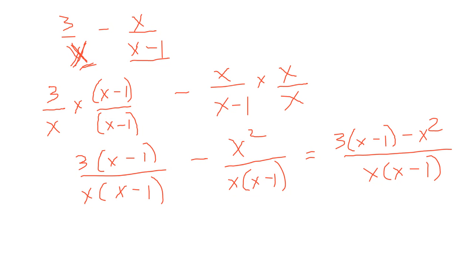Now, we can work on this a little bit because I think we are going to get a quadratic at some point. How do we do that? Let's look at that quickly. 3 times x is 3x. 3 times minus 1 is minus 3. So we are going to have 3x minus 3, and then minus x squared.